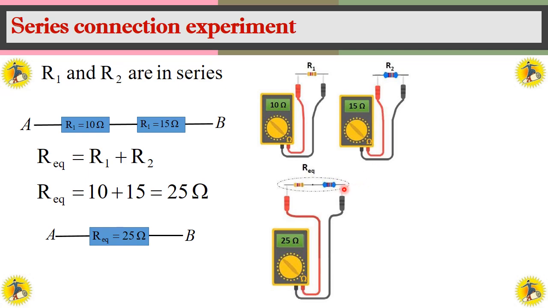Now, if we combine them and measure the resistance between these two resistors, we get 25. Now, to find the R equivalent of these two resistors, R1 and R2, we notice that R equivalent is the sum of R1 and R2.